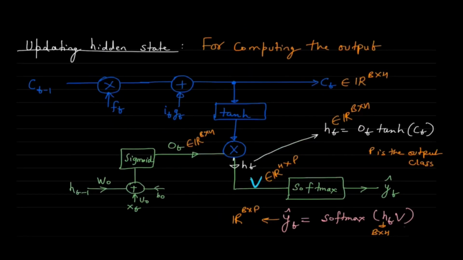The next step is updating the hidden state for computing the output. The inputs are the previous cell state, the current input features, and the previous hidden state. The function of this stage is to update the new hidden state based on the information from the cell state and input features.